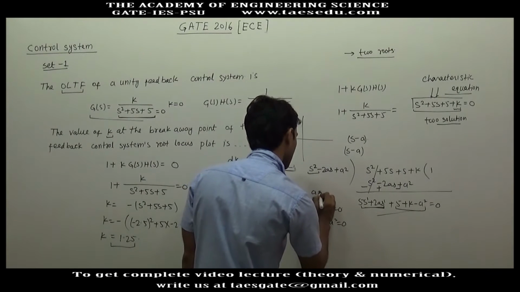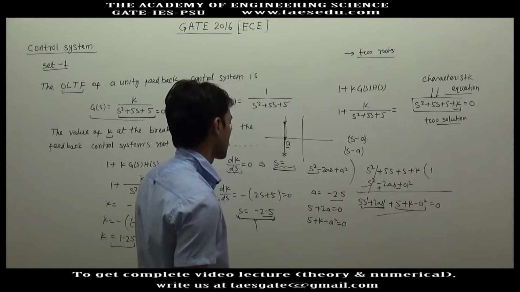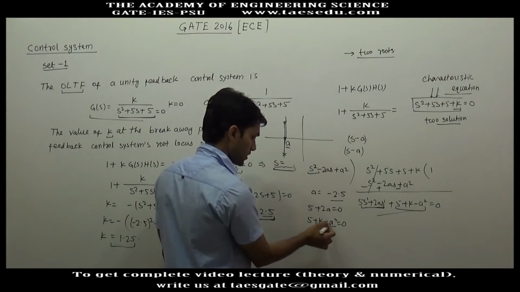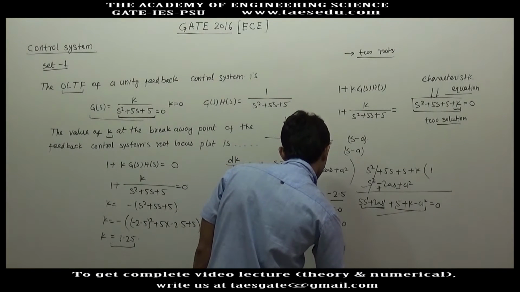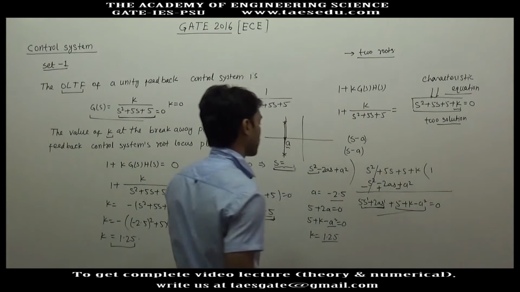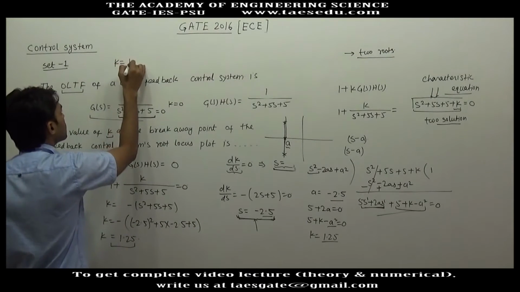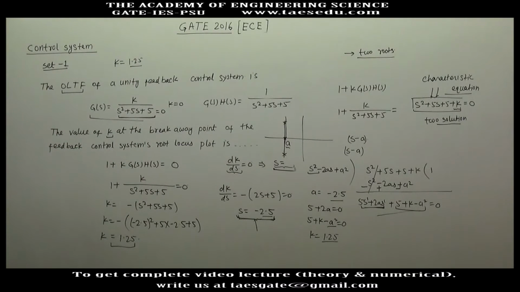From here you will find a equal to minus 2.5, and if you put a equal to minus 2.5, you will get k as 1.25. The answer to this question will be k equal to 1.25 for positive value of k.